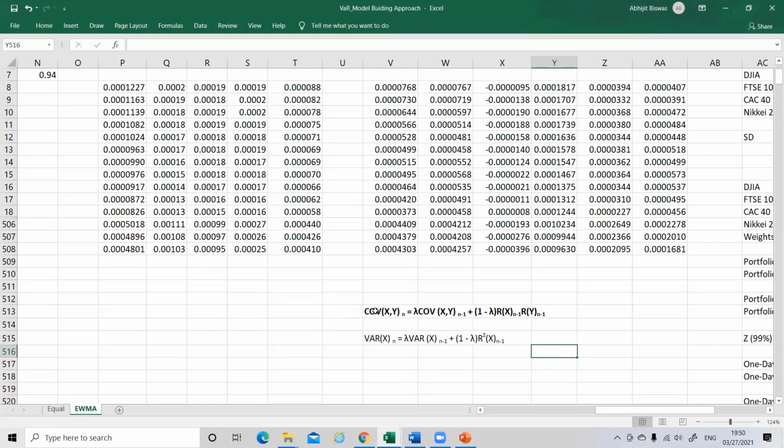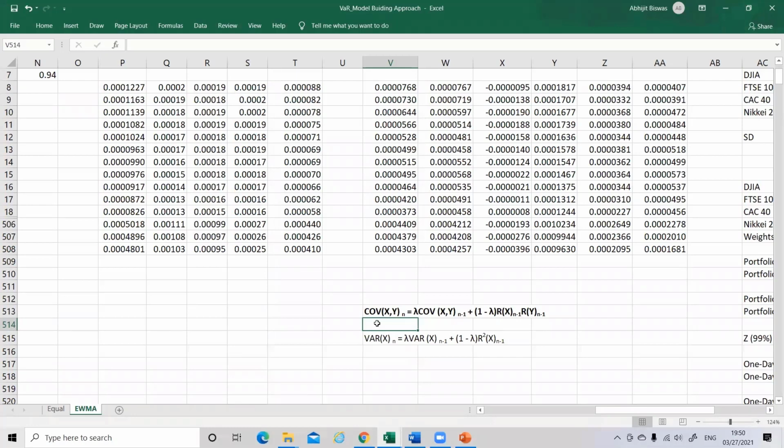Now it is clear that for the first day I cannot apply this formula. Yes or no? Because for the first day to apply this formula I need the previous day's number. Are you getting my point, what I'm saying? This is the formula that is used to calculate covariance under EWMA approach. But I cannot apply this formula for the first day's calculation because I do not have the previous day's number.